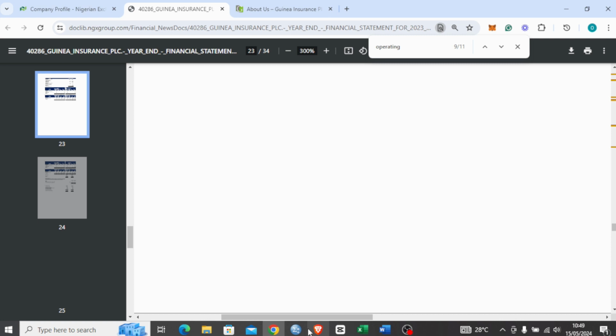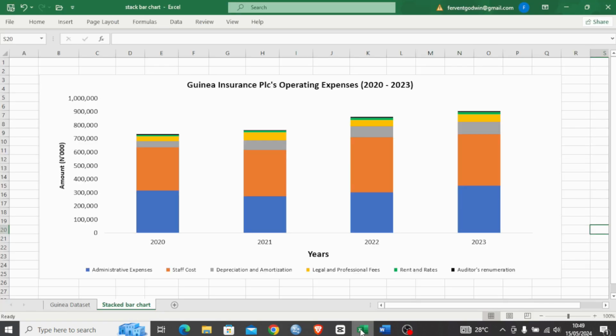So to recap, the operating expenses are the unavoidable expenses that the company incurs. The company cannot run away from these things, although you can adopt measures to reduce them, maybe by negotiating and reducing the cost.